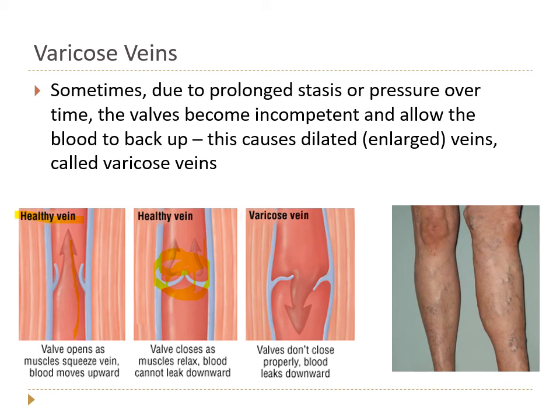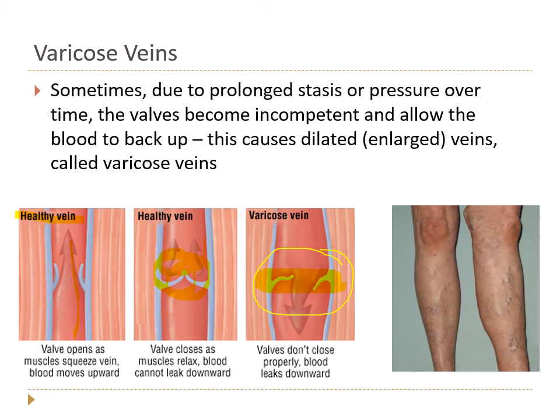If, however, your valves are floppy and not working well, as we see in this third picture, then blood can go backwards and can cause dilated and enlarged veins. That's what varicose veins are.